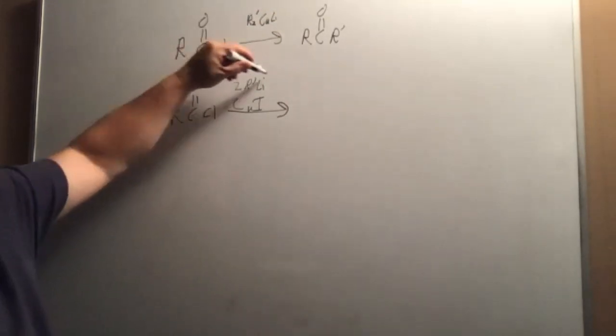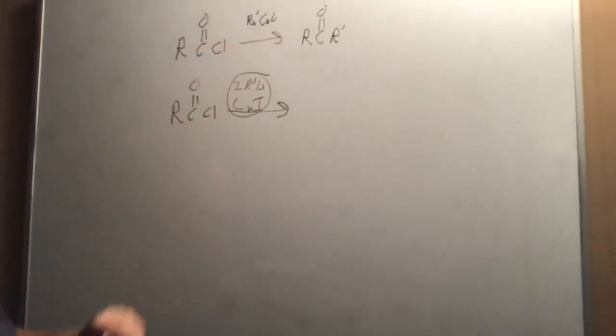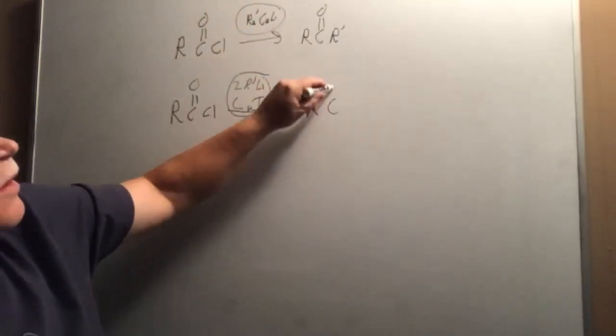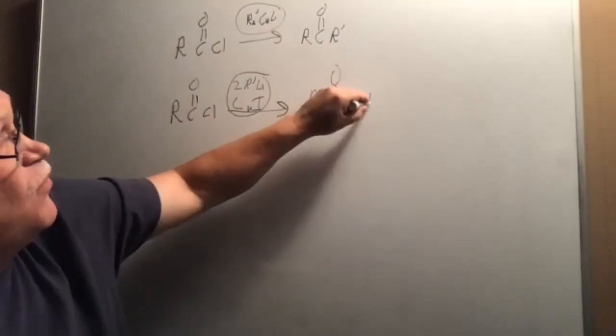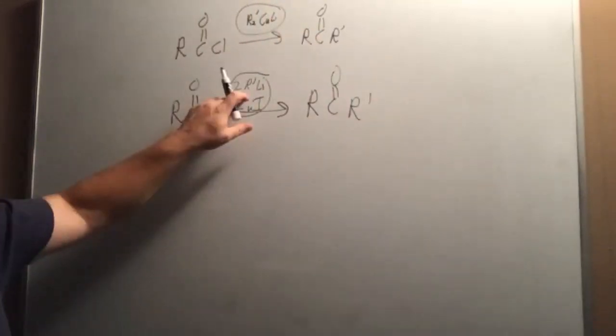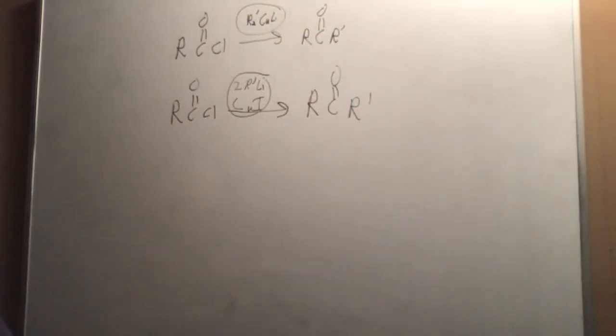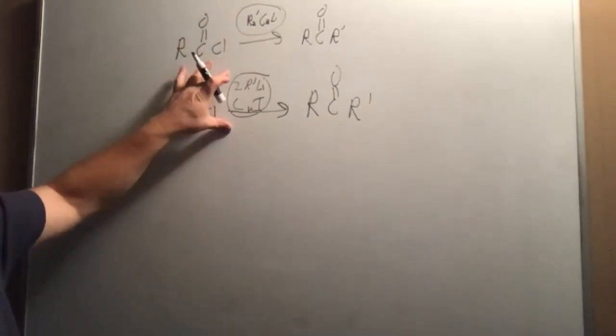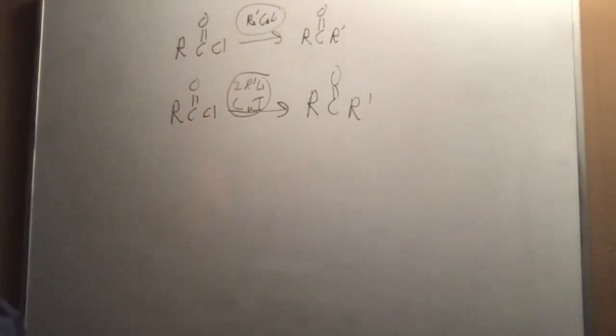Okay, so this set of reagents means the same thing as this. I can either give you the cuprate or I could give you the lithium reagent with the copper iodide. Both of these mean the same thing. This is just the way to prepare the cuprate.